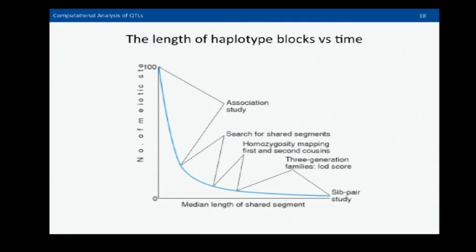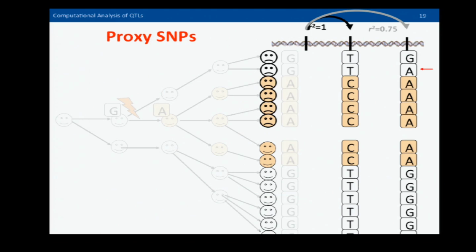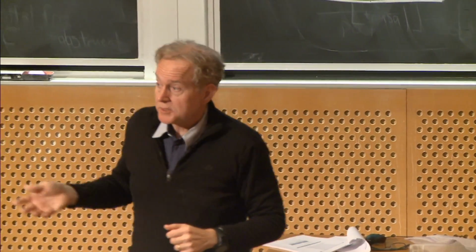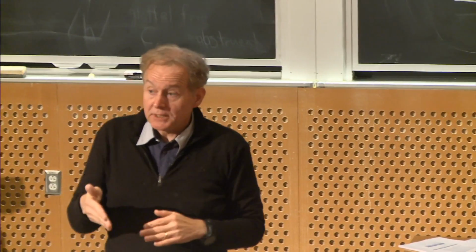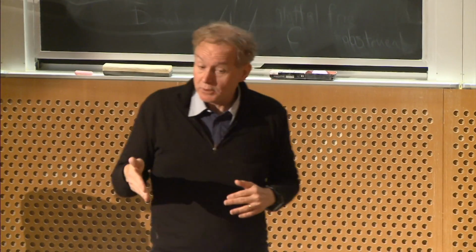Now, the other thing that is true is that we should note that the fact that markers have this LD associated with them means that it may be that a particular marker is bang on what's called a causative SNP, or something that, for example, sits in the middle of a gene causing a missense mutation, or it sits right in the middle of a protein binding site causing the factor not to bind anymore.